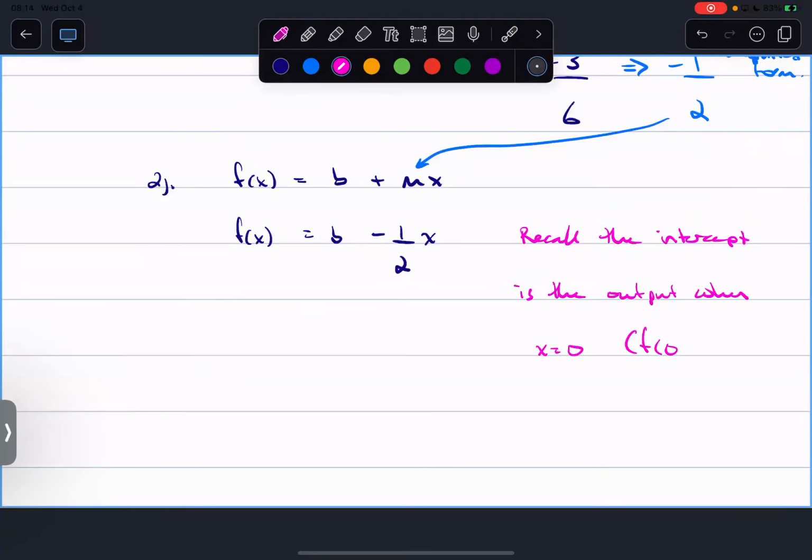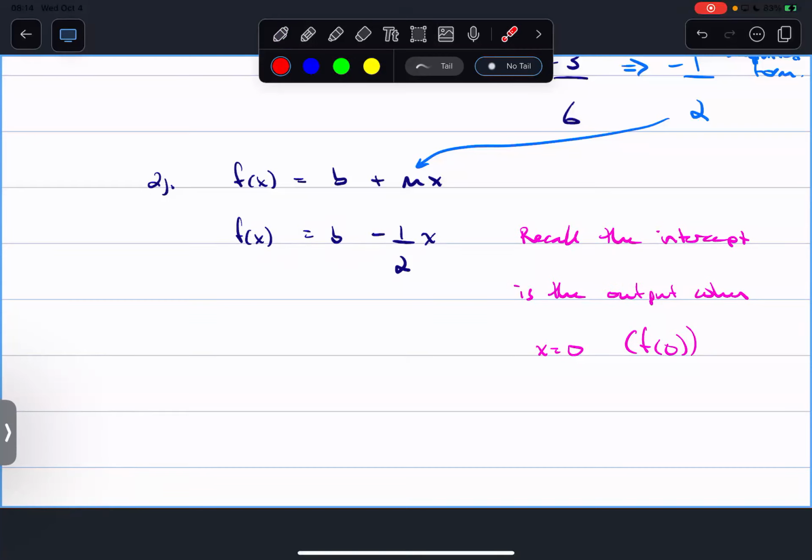Which we could write f of 0. And that's a fact, and you can convince yourself. In fact, I tend to rely on the equation to remind me what the meaning of the intercept and the slope are, right? You can kind of use them as your guide.